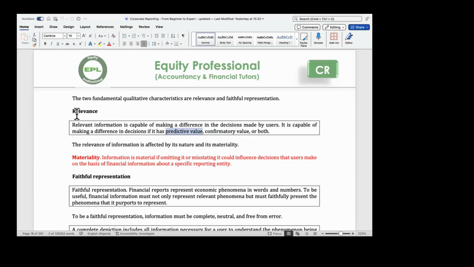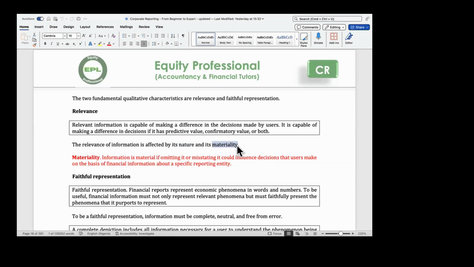So when it comes to relevance, relevance is majorly affected by the nature of an item and the materiality of an item. It's not all items in the reports that are relevant. It depends on the nature. There are some items that are just there for descriptive purposes, but there are some items that are key, and especially materiality.